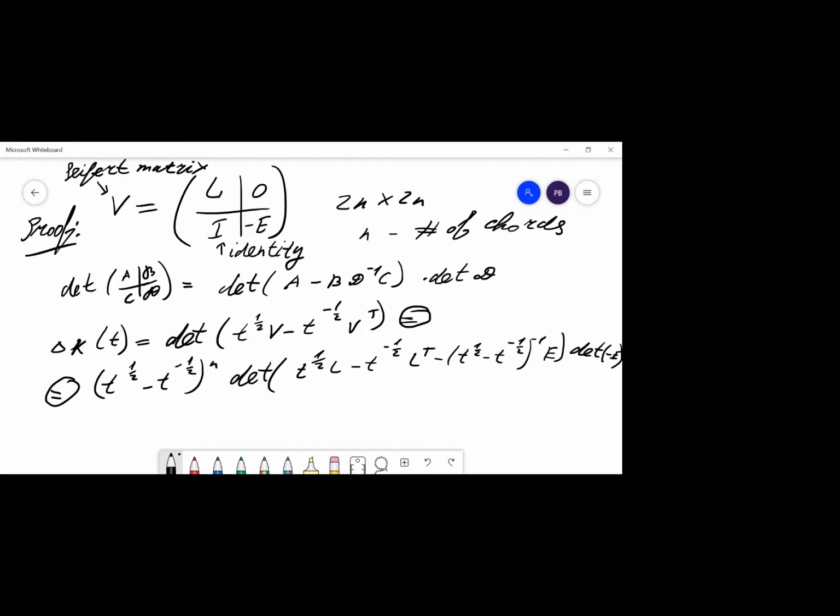Okay, so the thing is that the Alexander polynomial is defined up to a sign and up to a multiplication by t. So we can just erase the determinant of minus E. It's just a sign. It's a diagonal matrix of ones and minus ones. And note that just by definition, SD is as follows.